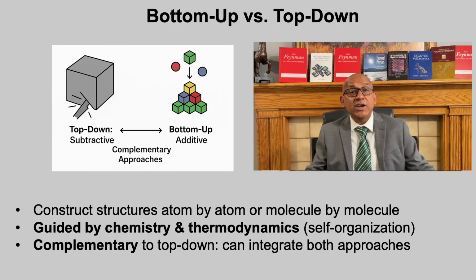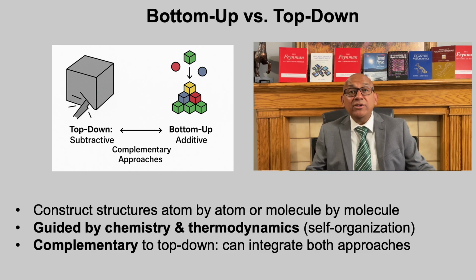Bottom-up nanofabrication is fundamentally different from top-down. Instead of carving down bulk material, we build structures atom by atom or molecule by molecule. The process is guided by chemistry and thermodynamics, allowing systems to organize themselves into stable configurations.